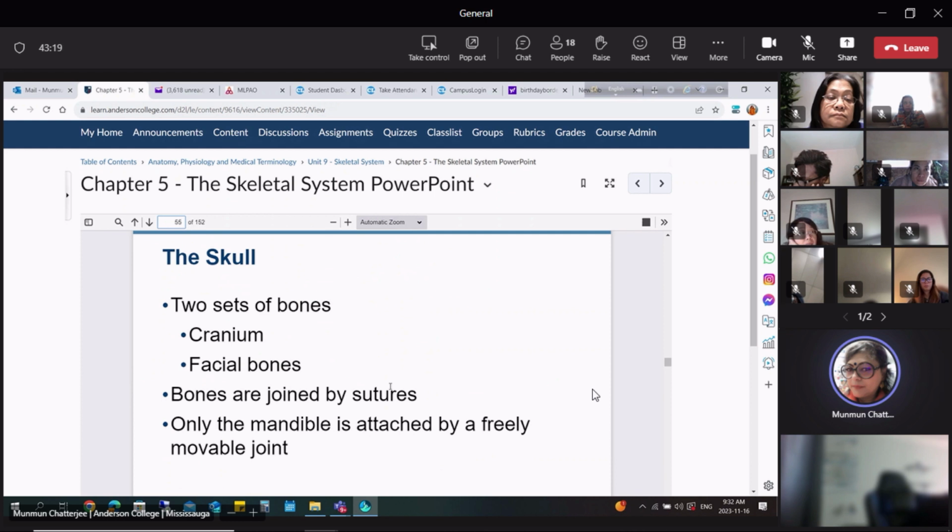The skull is under the axial skeleton. What is the cranium? It houses or protects the brain.